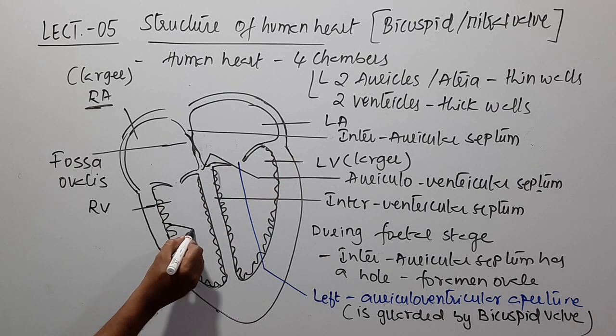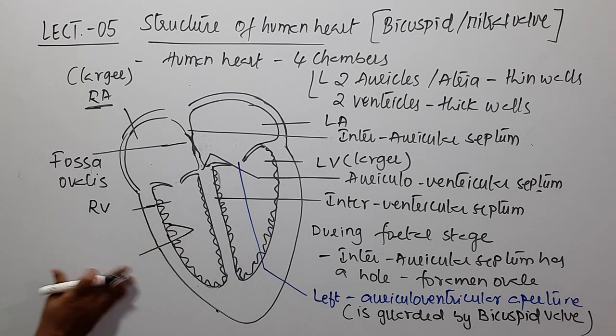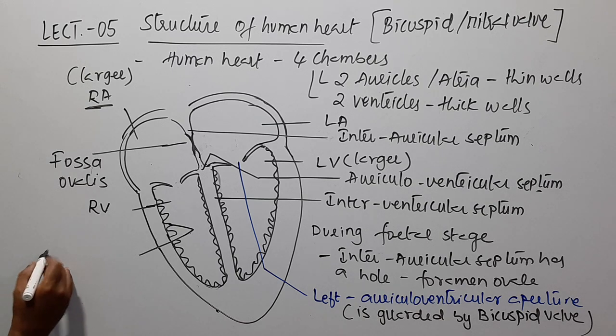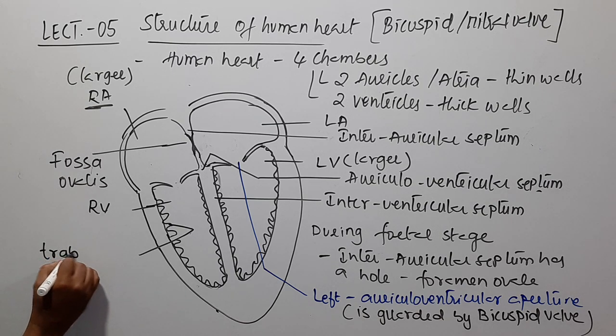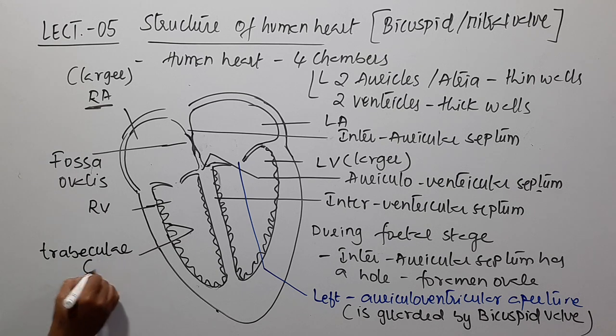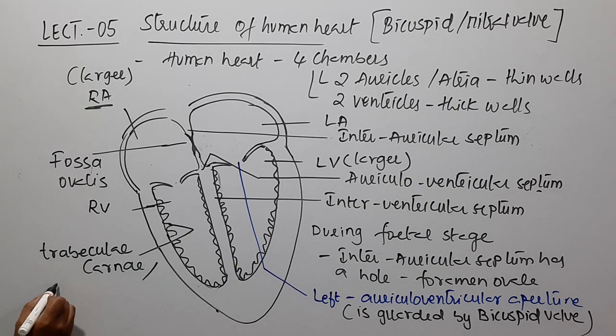These foldings, irregular muscular columns, are called trabeculae carneae. You can also call them columnae carneae.